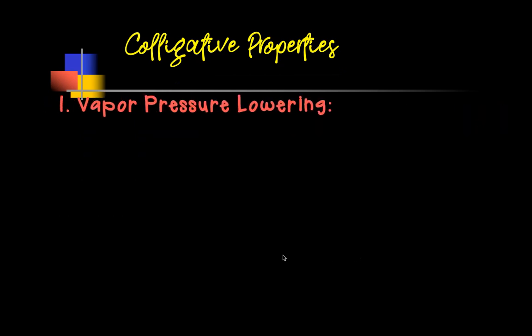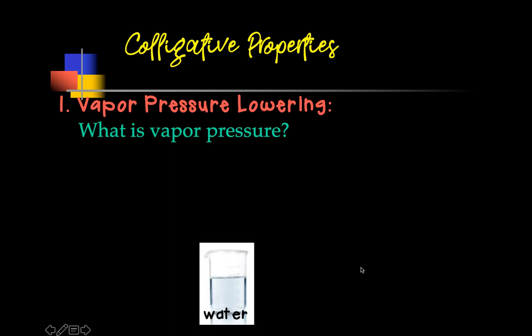All right, first we're going to talk about vapor pressure lowering. So first of all, we need to make sure we know what vapor pressure is. If you have pure water, there are some water molecules right on the surface of that liquid that are turning into gas particles. That's because there's energy right above that liquid.